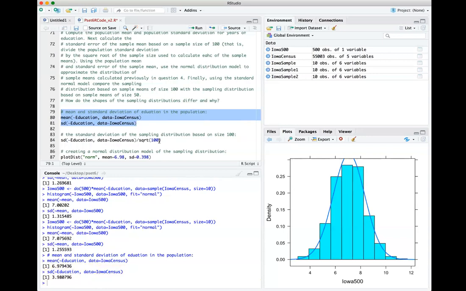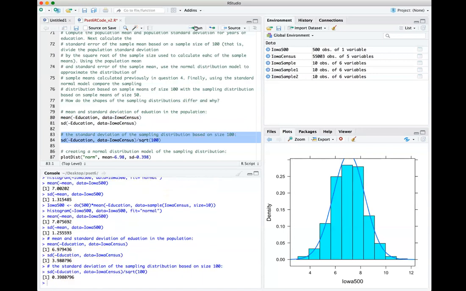To estimate the standard deviation of the sampling distribution, what we're saying is this is the standard error, which is the standard deviation of the sampling distribution. That's different than the standard deviation of the variable. The standard error is our measure of precision of our point estimates.